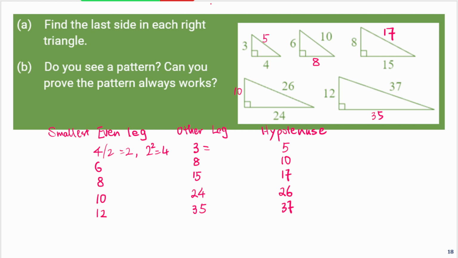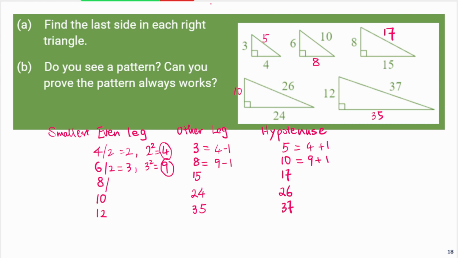Then the other leg is this number minus 1, and the hypotenuse is this number plus 1, right? And do the same thing for the second triangle. 6 over 2 is 3. 3 squared is 9. So we use this number here. The other leg is just 9 minus 1. The hypotenuse is 9 plus 1, right? And you see the pattern here.